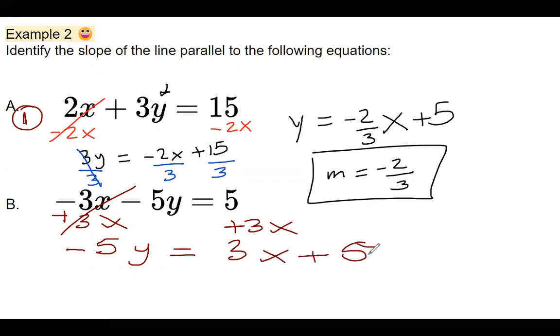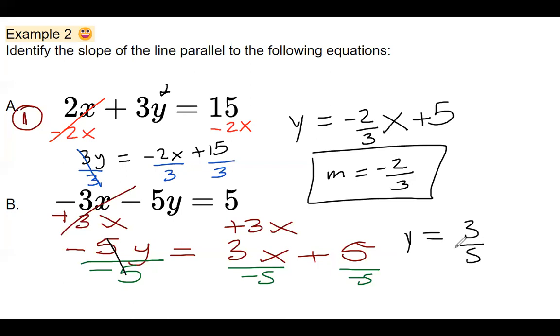Okay, Ezekiel, pass it on. Marco. Next step. Divide by negative 5 every single term. And we're left with y equals 3 over 5 negative.